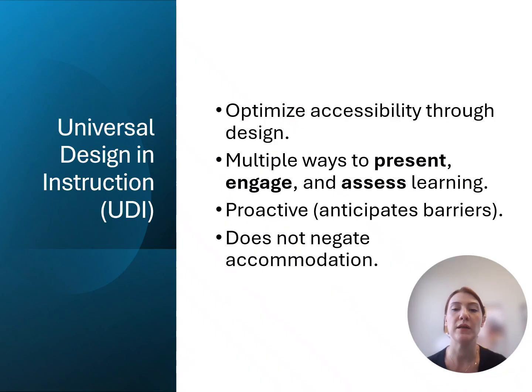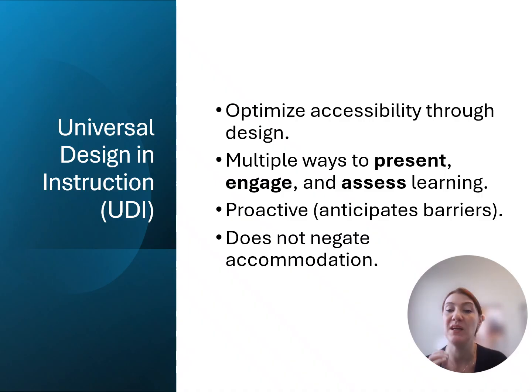As you may already be inferring, the idea of universal design hinges on this intention of optimizing accessibility for all individuals, regardless of ability status, their linguistic background, their socioeconomic status, or previous experience in higher education, through the design of a course or anything else really.